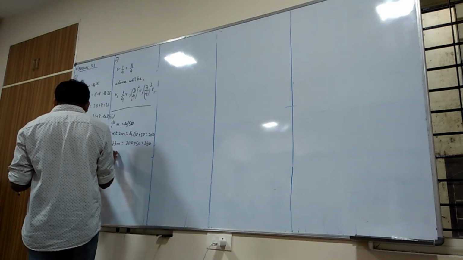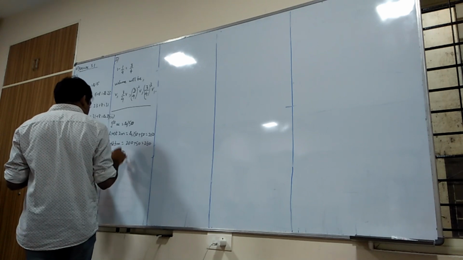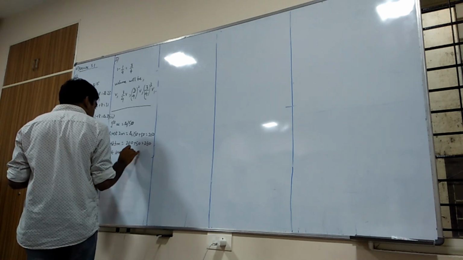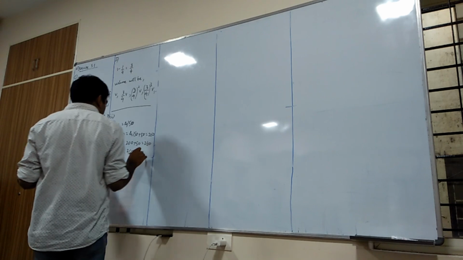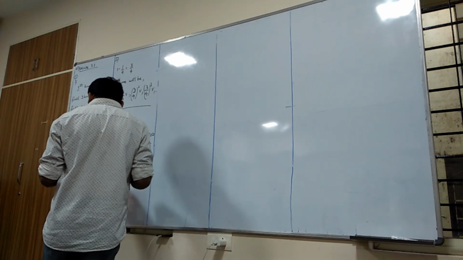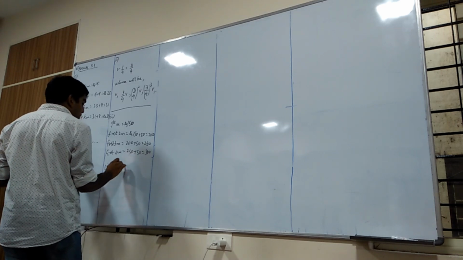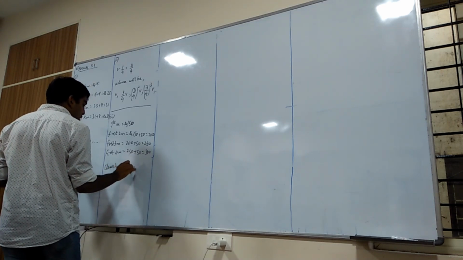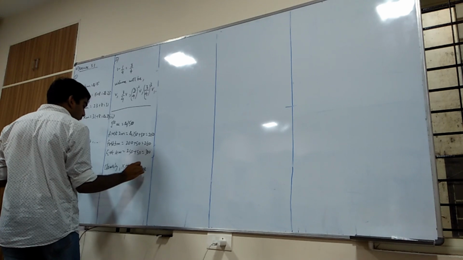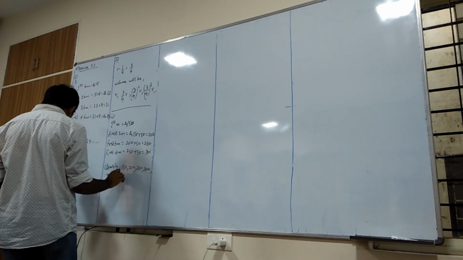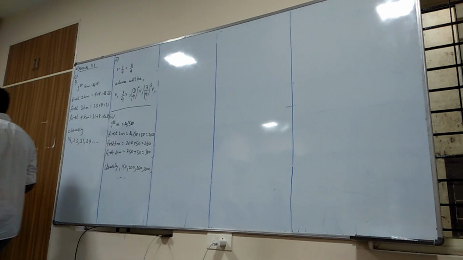First 4 meters is how much? 250 plus 50, how much? 300. Clearly, 150, 200, 250, 300 and so on form an AP, right?